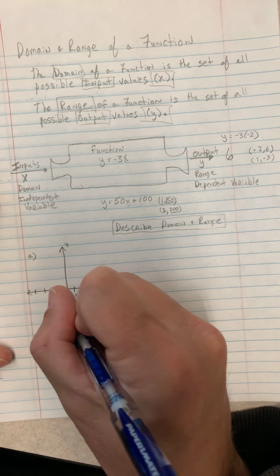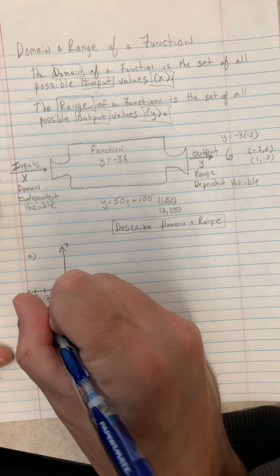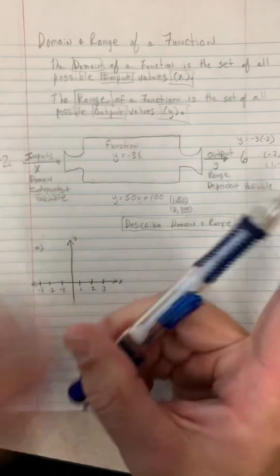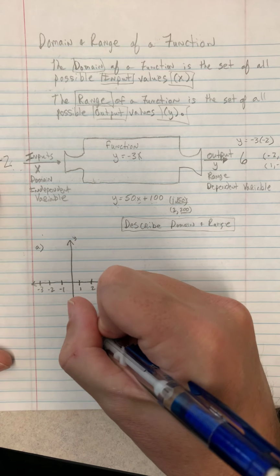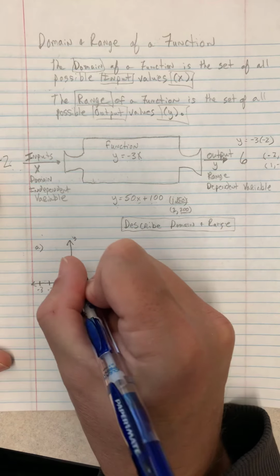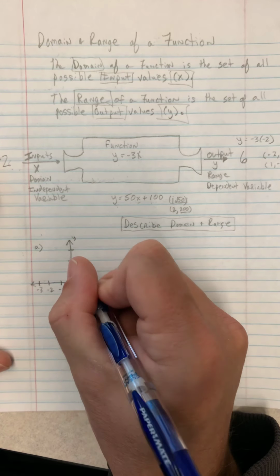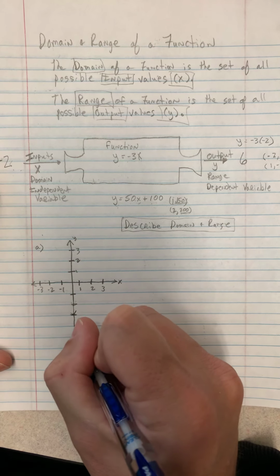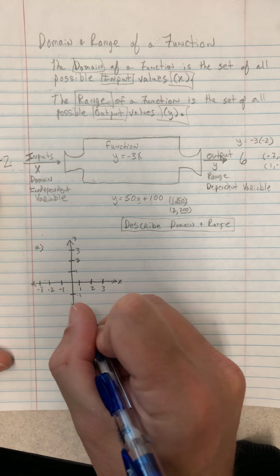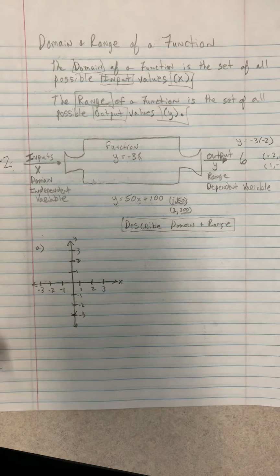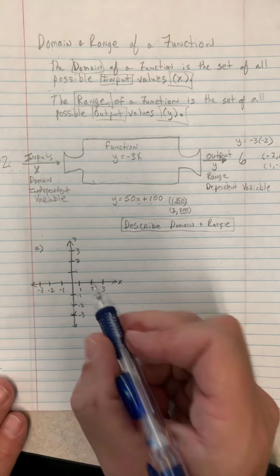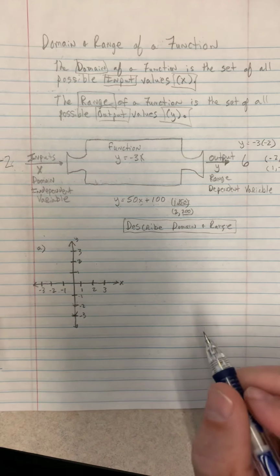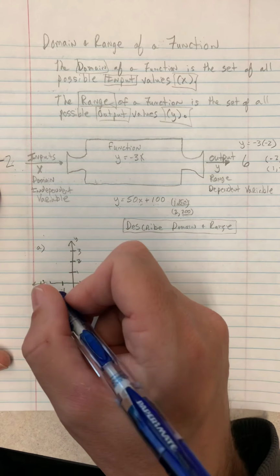I will do the same on the negative side of x, to the left of the origin. Make this a little bit bigger here because I'm going to go up 3 on the y, and then I'm going to go down 3 as well: -1, -2, -3. There's a little coordinate plane. Now I've got my 4 quadrants, quadrant 1, 2, 3, and 4. And I'm going to give you these points here.